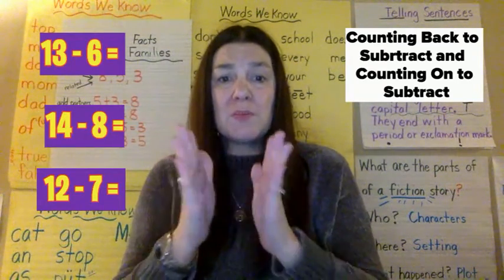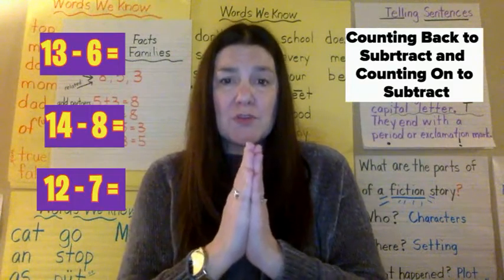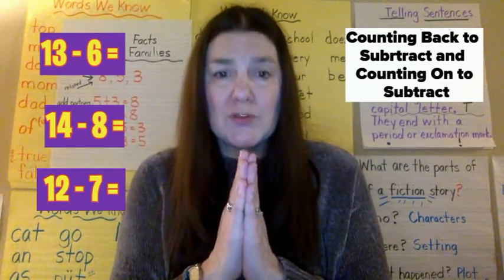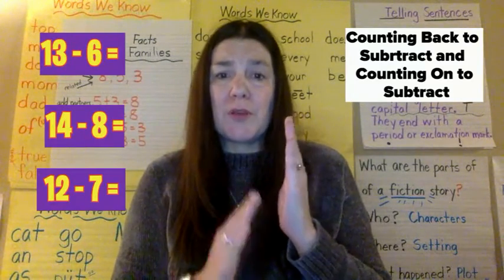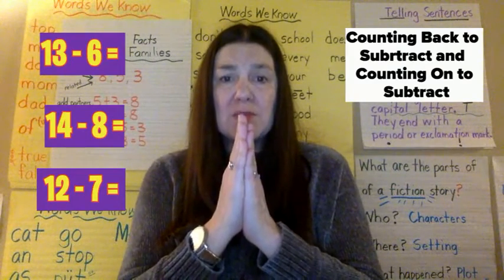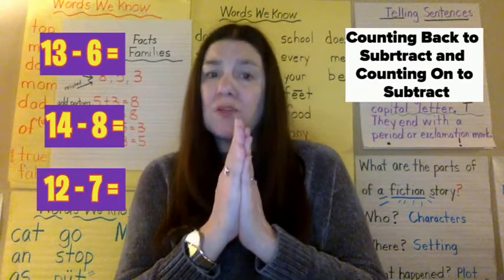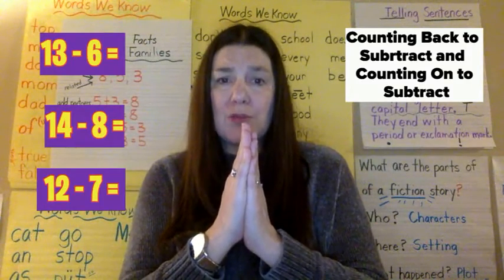And the spaces in between are my fingers. And that's the difference between the two numbers. Because when you're subtracting, you're looking for the difference between the 14 and the 8. And that is how many spaces there are between those two numbers.